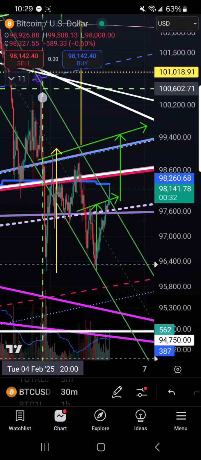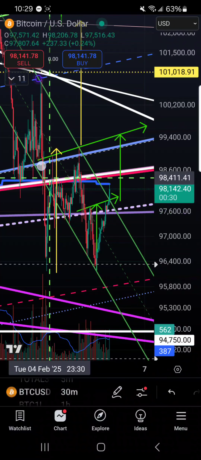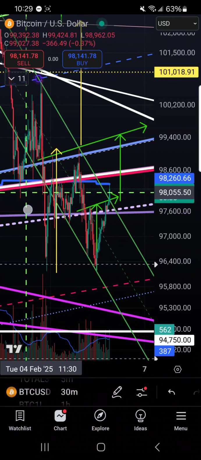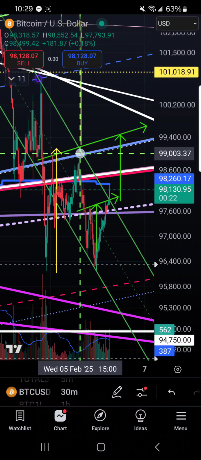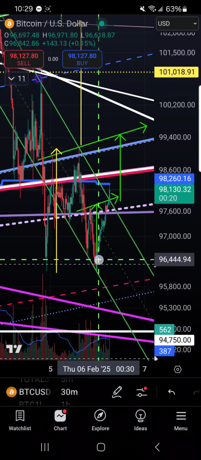But we have a larger kind of W. I was looking at this earlier, and it didn't play out the way I thought it would right here. But you do have this move, marked by this move upwards, and then this move.